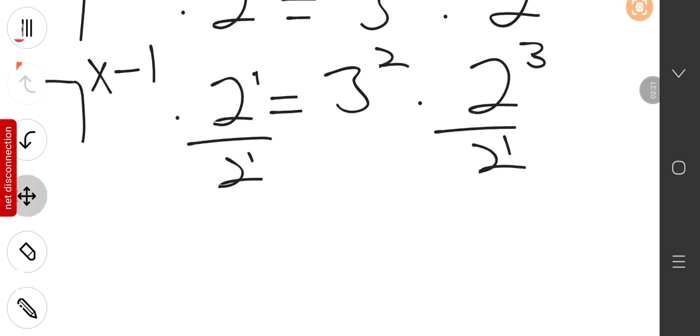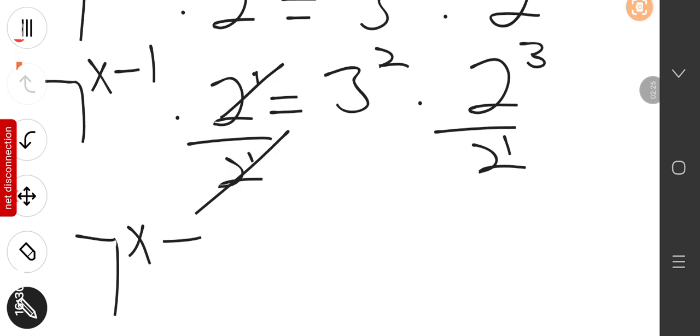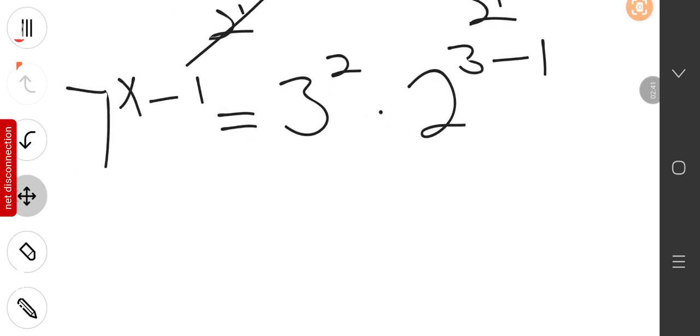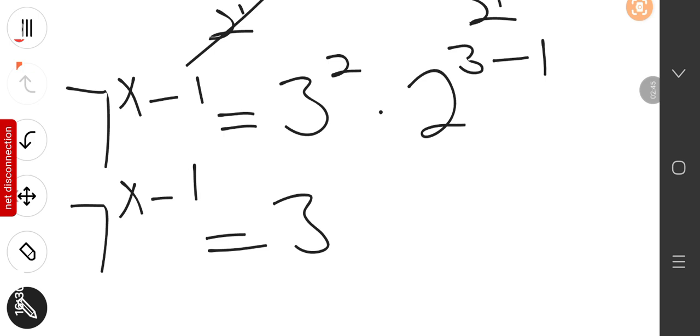So here this will cancel this, so we are left with 7 exponent x minus 1 equals 3 exponent 2 times 2 exponent 3 minus 1. So we're going to have 7 exponent x minus 1 equals 3 exponent 2 times 2 exponent 2.